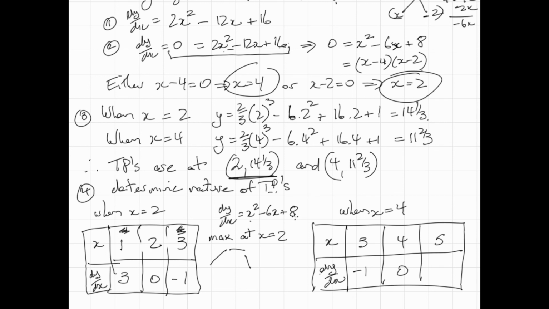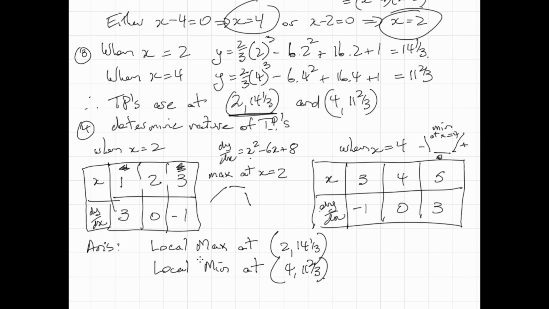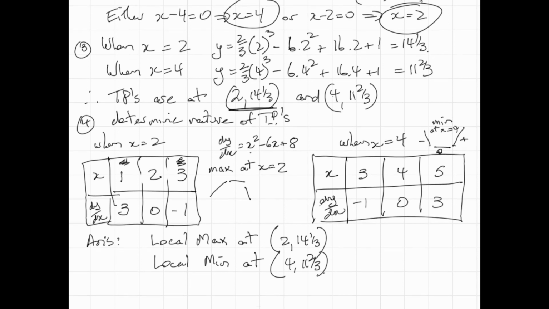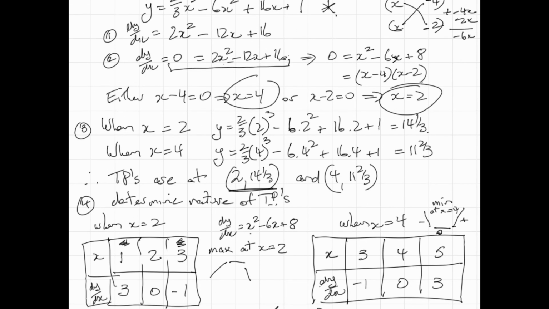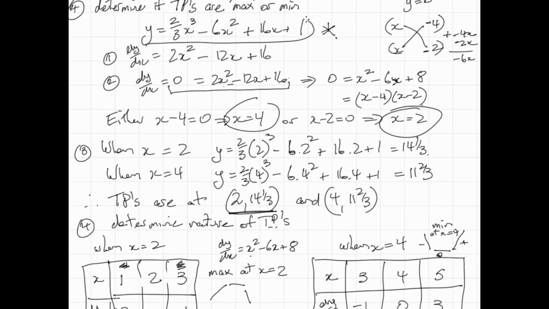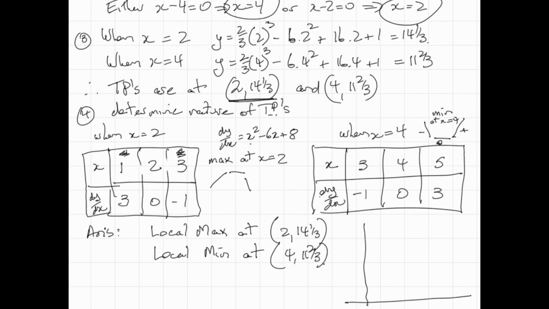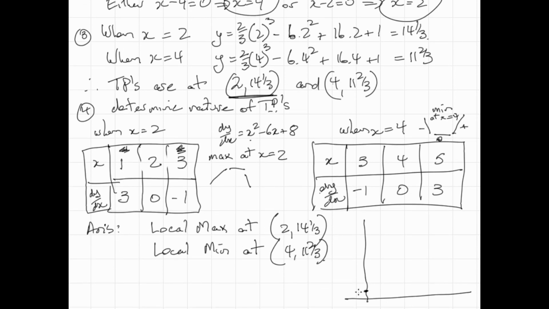We get 25 plus 8 is 33, minus 6 times 5 is 30. So 33 minus 30 is equal to 3. So when x is equal to 4, we're going from a negative gradient to 0, and when x is 5 on the other side we've got a positive gradient, and that must be a minimum. So we have a minimum at x equals 4.